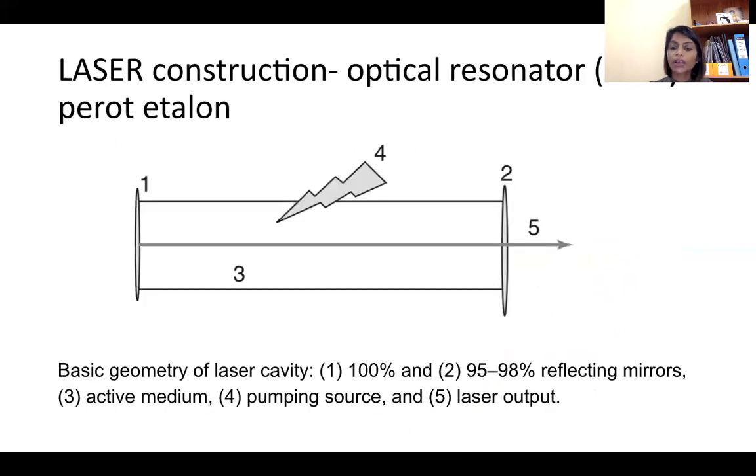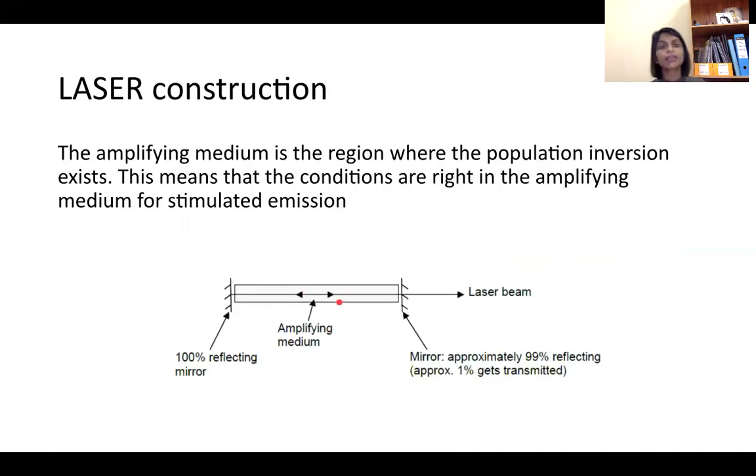So in the laser construction, first we will have some sort of a medium, and then we have highly reflecting mirrors. One is 100% reflecting or nearly perfectly reflecting, and the other is around 99% reflecting, and it is partially reflecting. Why? Because we have to allow some of this light to escape and come out as a laser beam.